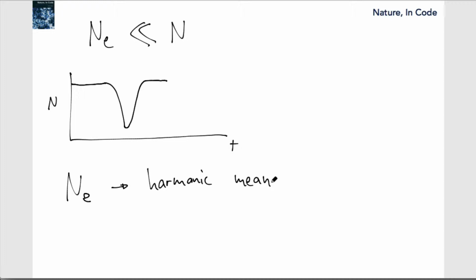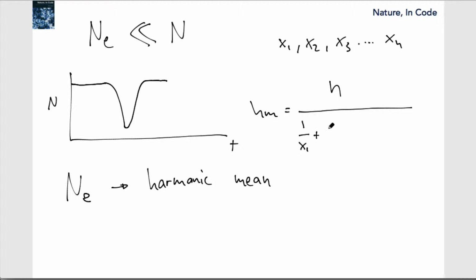We also learned that the harmonic mean of a set of numbers, x1, x2, x3, and so on, is n, the number of values that you have, divided by the sum of the inverse values: 1 over x1 plus 1 over x2 plus 1 over x3 and so on, plus 1 over xn.